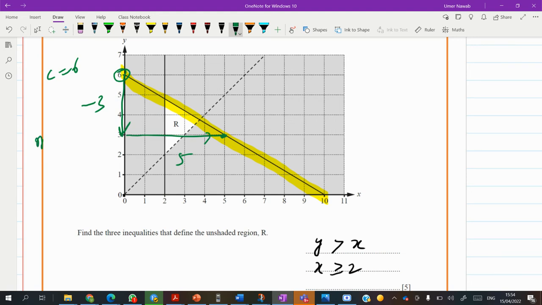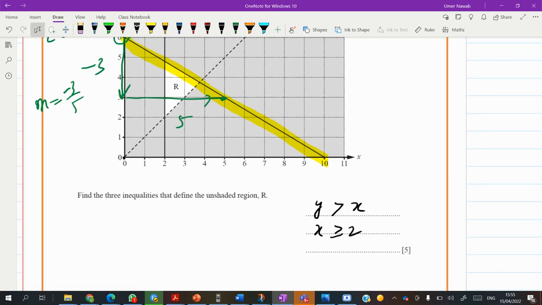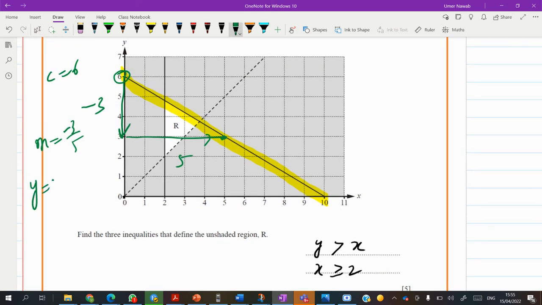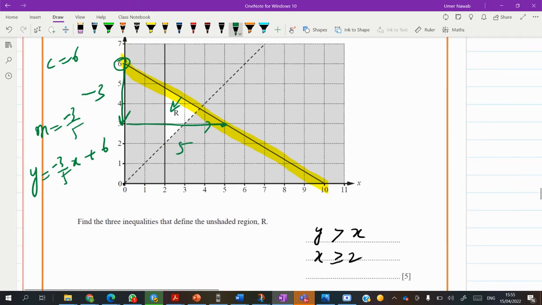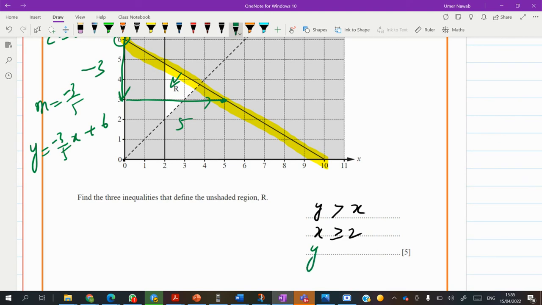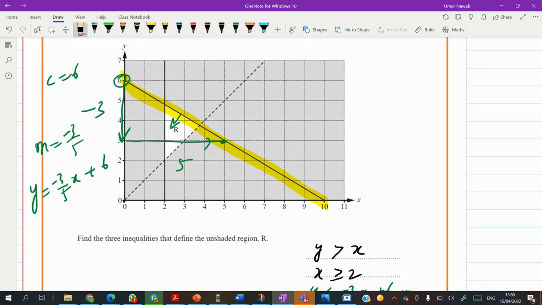So the gradient is minus 3 over 5. So let me write the equation of the line. y equals minus 3 over 5 x plus 6. The wanted portion is below, so it's a solid line. So y is less than or equal to minus 3 over 5 x plus 6. So finally it is done.